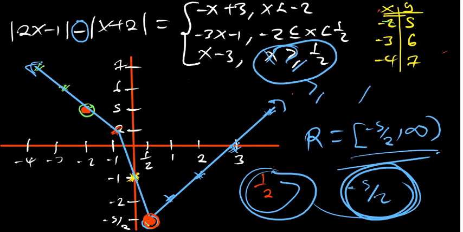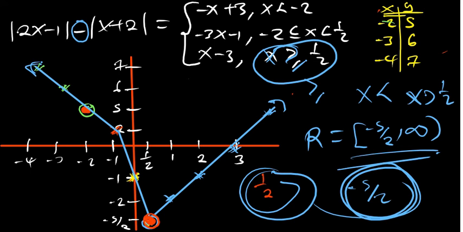If it was just x greater than half, then negative 5 over 2 would not have been included, and the domain would have changed. The domain would have jumped because half is not included.